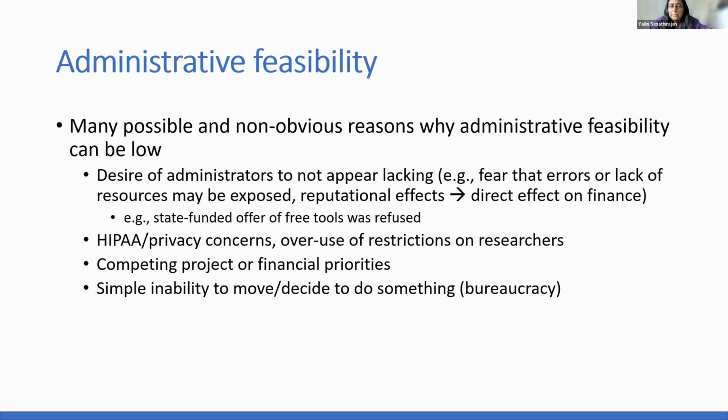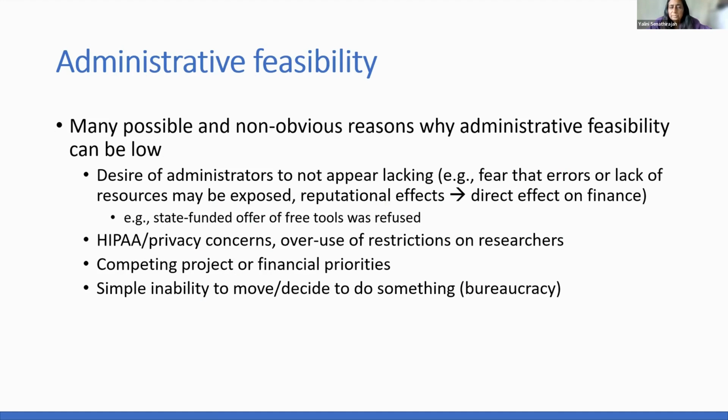For example, even when the state offered free tools, they were sometimes refused because administrators might desire to not appear lacking or might fear that the reputation of the hospital would be affected. And that has, in the US, a direct effect on their finances.